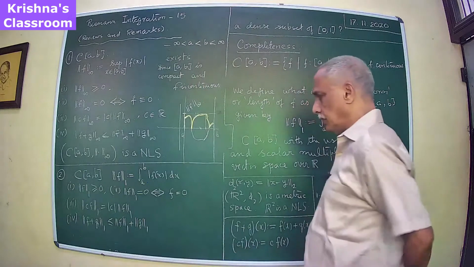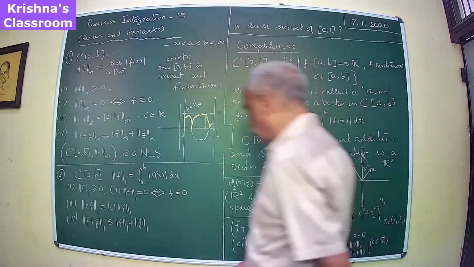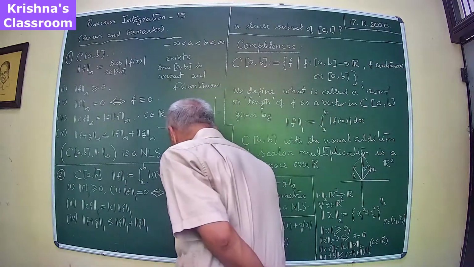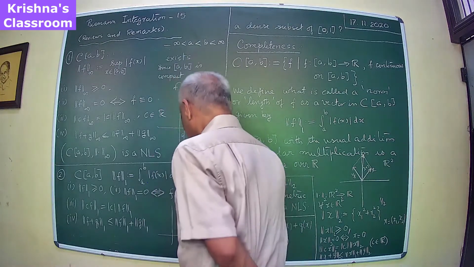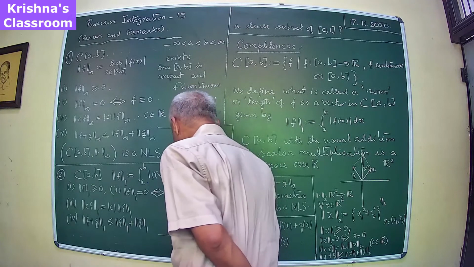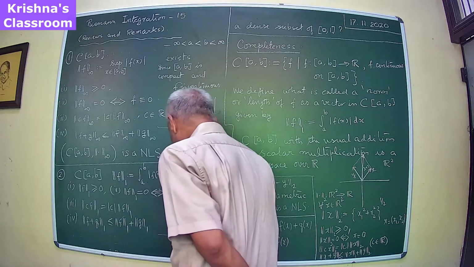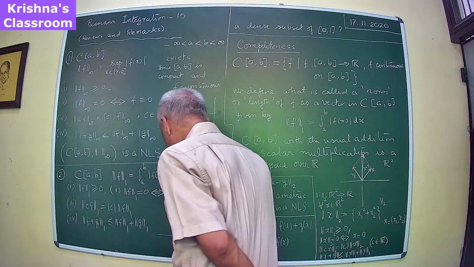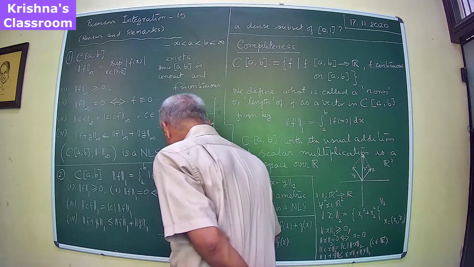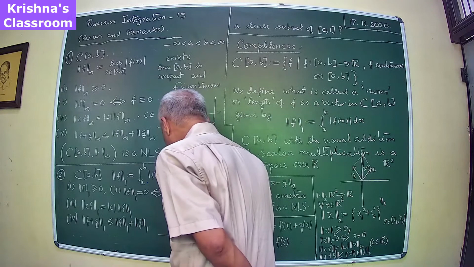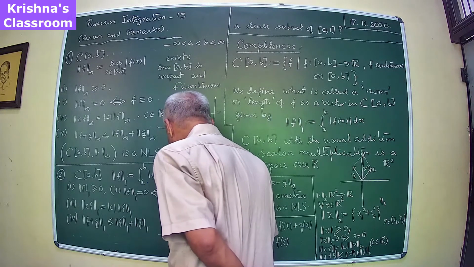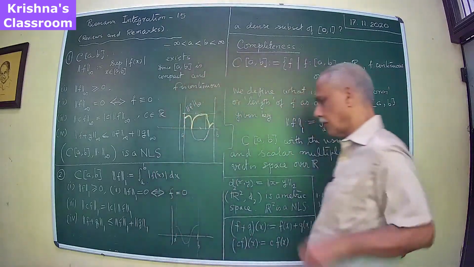That is it. Now let us see what this norm stands for. Once again, a picture of what this norm is. So you have the interval [a,b] on which the graph is lying in this band as before, and you are taking a continuous function.